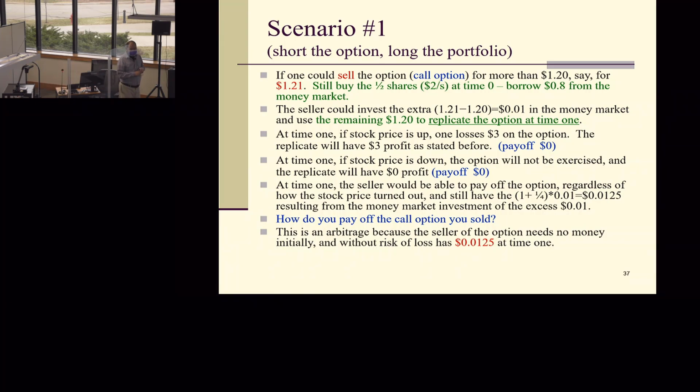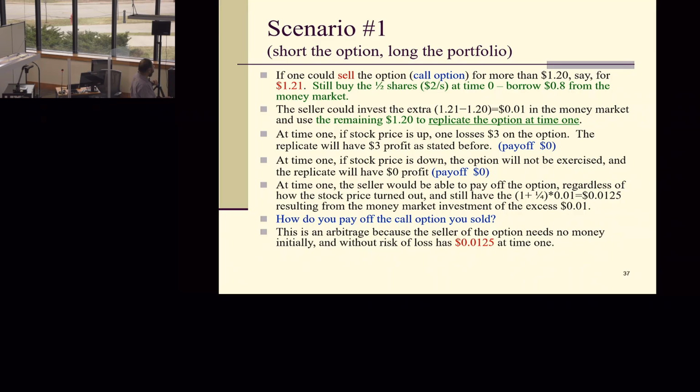Looking at the two possible scenarios again, if I can find on the Yahoo Finance website an option with a strike price of $5, and I find somebody is trying to sell it for higher than $1.20, for example $1.21. Everybody okay? So I'm still buying a half share of stock at $2 per share at time 0, and borrowing 80 cents from the money market.